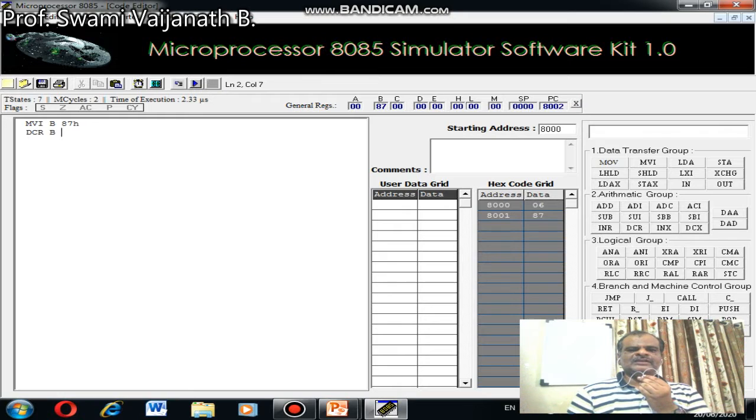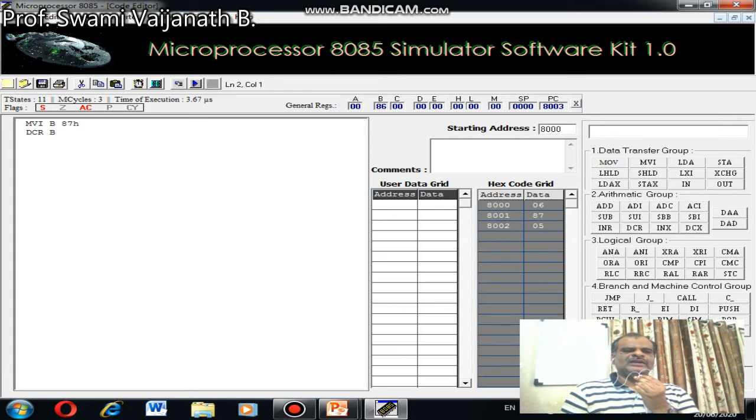All flags are affected except carry: sign is equal to 1, Z is equal to 0, auxiliary carry is equal to 1, parity is equal to 0, and carry is not affected.